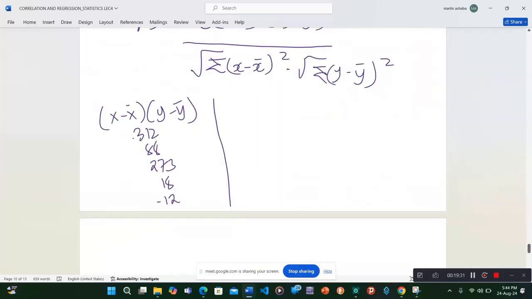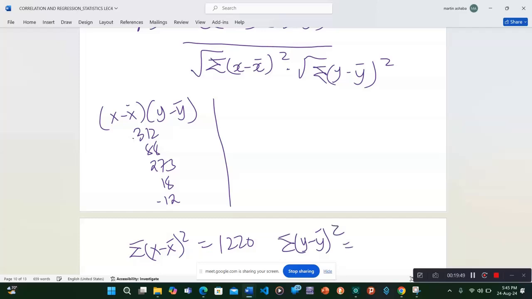So we are supposed to also write sum of x minus x bar squared. We are getting 1220. Sum of y minus y bar squared. We are supposed to sum.